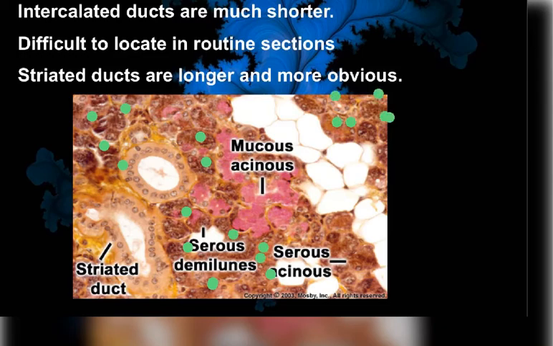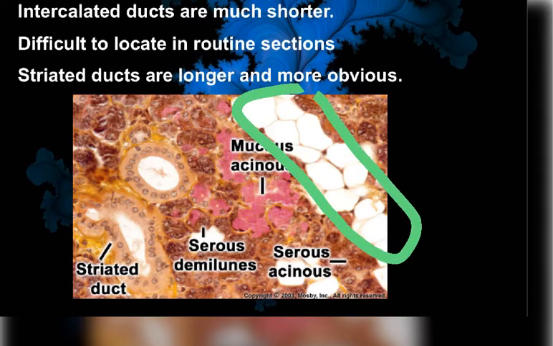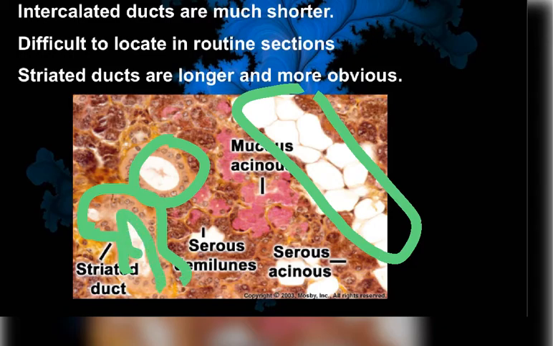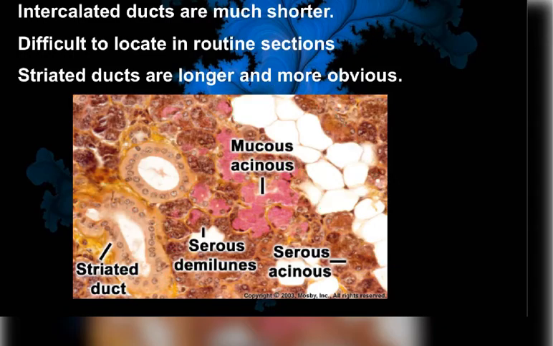The majority in this section is brown more than pink. We exclude fat and ducts from the comparison. So we are just comparing secretory end pieces to each other. So we have a majority of serous secretory end pieces compared to mucus.